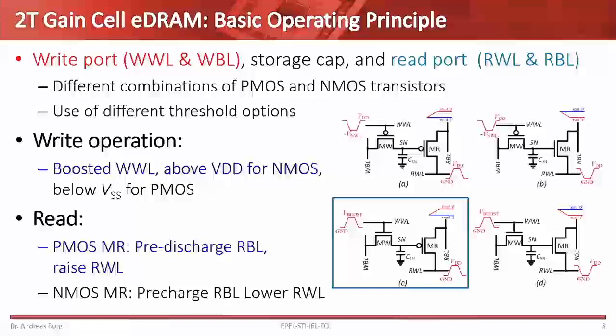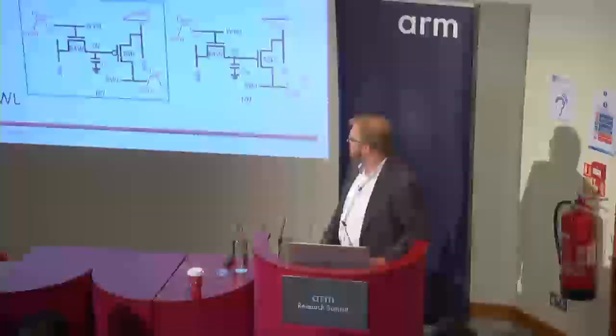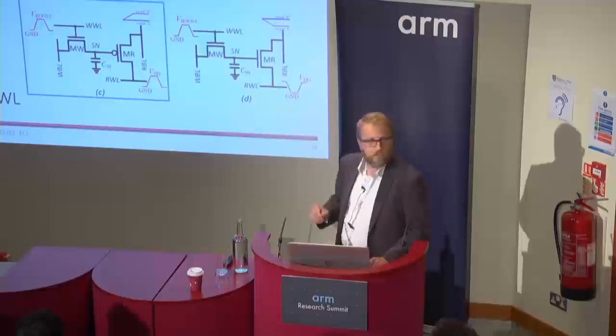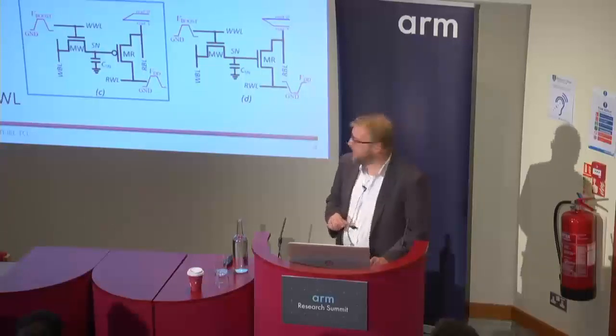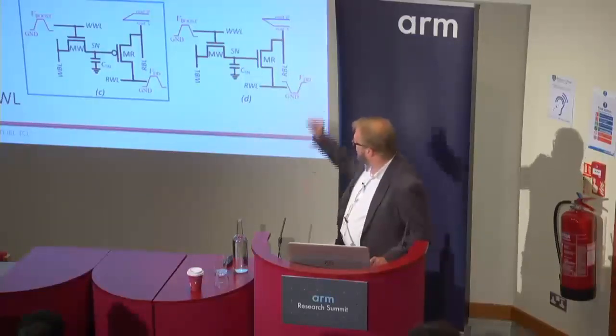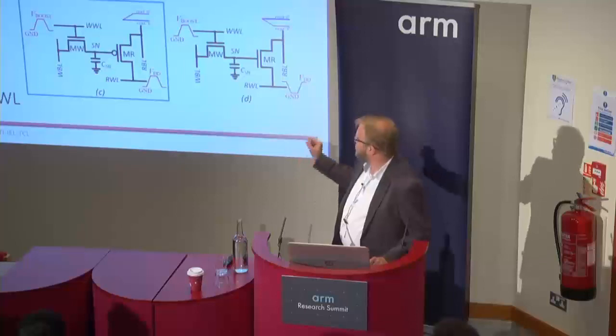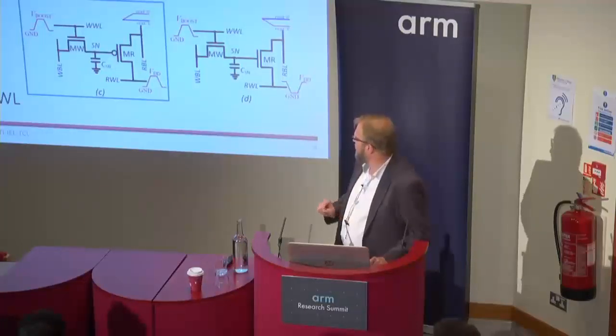I'm just going to use the example on the lower left, where we have an NMOS write access transistor. If we need to write in the cell, we provide the write word line with a boosted voltage in order to be able to transfer reliable levels on our storage node through the write bit line. If we want to do a read, you find the read bit line that you also have in an SRAM, and the read word line.